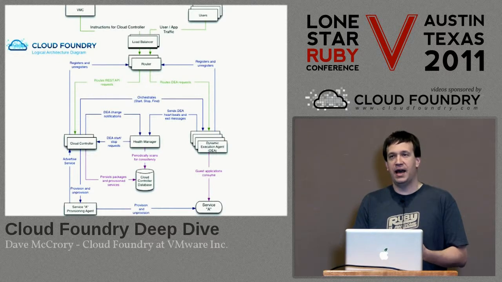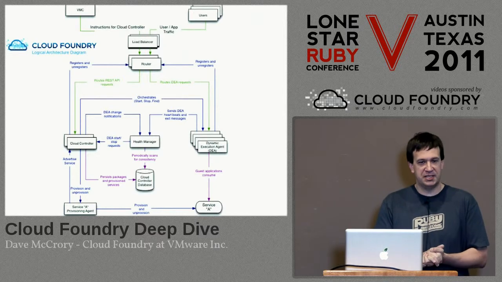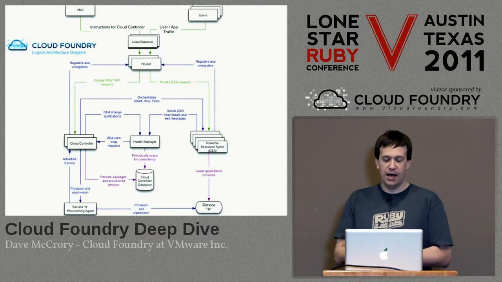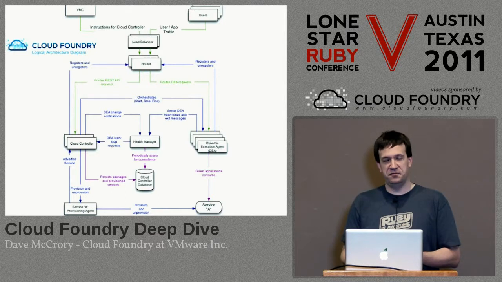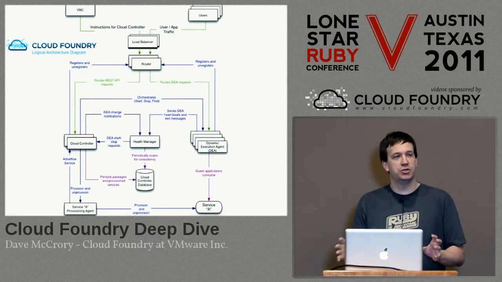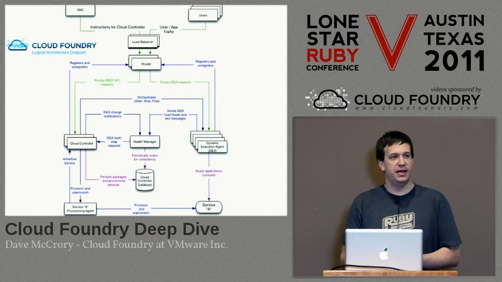And so what's interesting is then if you type something like VMC instances, my app instances, say 5, and you decide you want to scale it out to 5 instances, at that point the cloud controller sends out 4 more requests for that same app package that we deployed before. And the next 4 DEAs to respond are the ones that get those next 4 app packages. And believe it or not, it actually works very well, evenly distributing the load across all of the different DEAs.